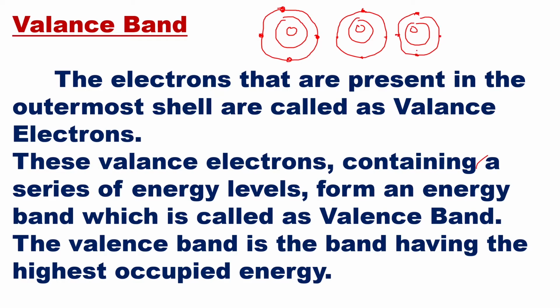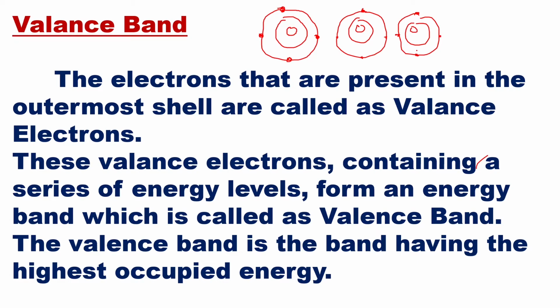So all these energy levels of the valence electrons of atoms, if there are many atoms together, that is the energy associated with the valence electrons, together will be called the valence band. So the definition: the electrons present in the outermost shell, that is the orbit, are called valence electrons. These valence electrons contain a series of energy levels that form an energy band, which is called the valence band. The valence band is the band having the highest occupied energy.